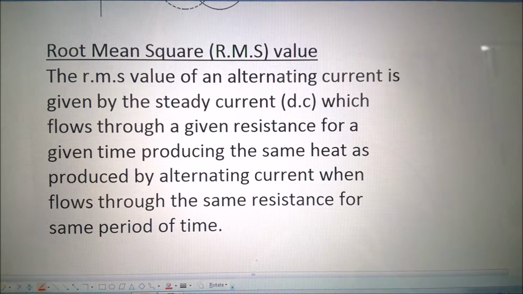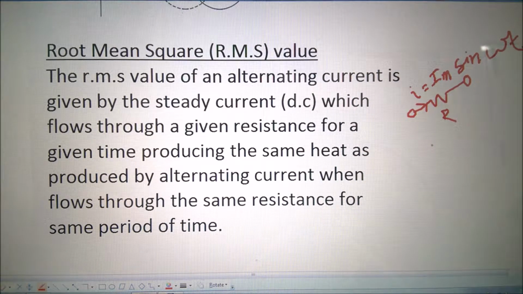Let us consider there is a resistance R of a conductor, and the current flowing through it is I, an alternating current, I sine omega t. As a result, the heat produced on this resistance R is equal to H1.